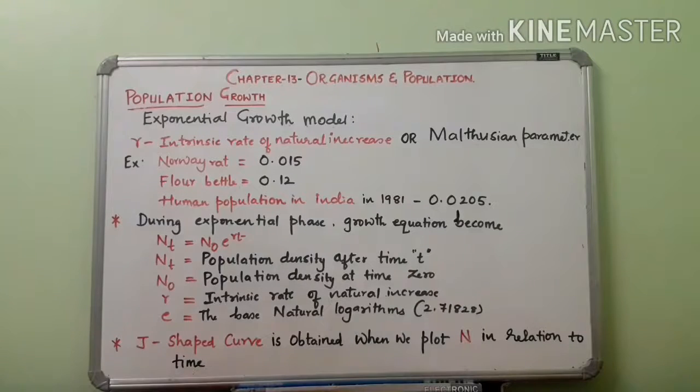In the exponential growth model, r is the intrinsic rate of natural increase or Malthusian parameter.